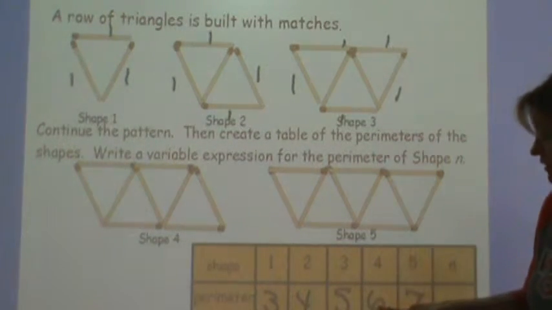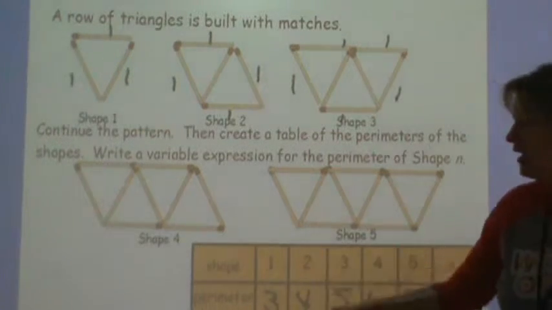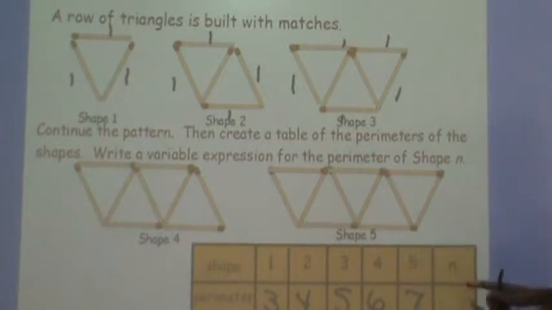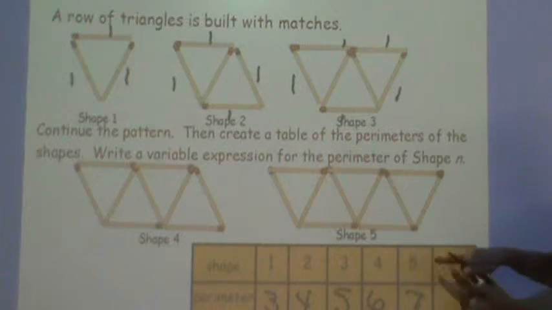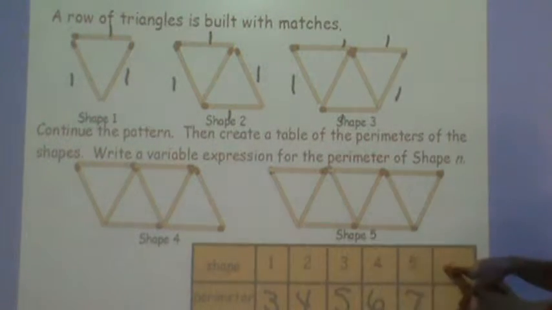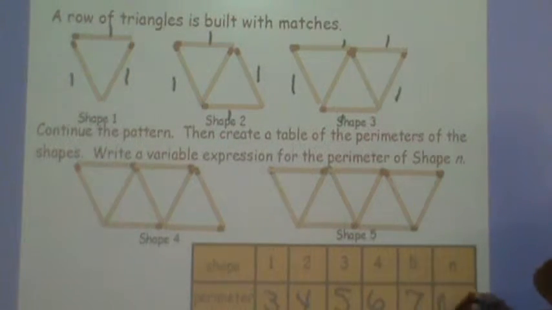Is 4 plus 2 6 and 5 plus 2 7? Yeah, it works for all of them. So in terms of n, we take whatever the shape number is, which we're going to call n, and we add 2 to that. If it's the 100th shape, we add 2, that's the perimeter. If it's the 50th shape, we add 2, that's the perimeter.